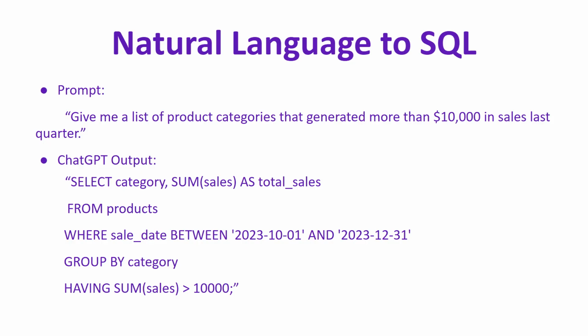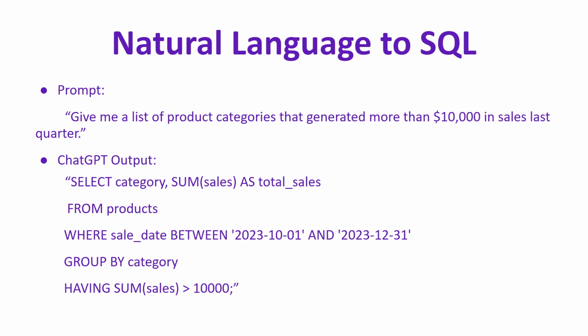Natural language to SQL, that is from a plain, simple English statement to a SQL statement. This shows how ChatGPT translates business logic into SQL fast. You don't need to memorize every clause, just describe your goal. For example, give me a list of product categories that generate more than 10k dollars in sales last quarter.